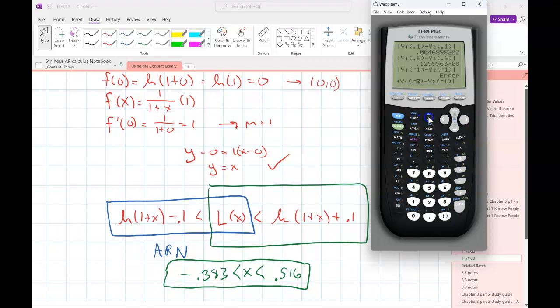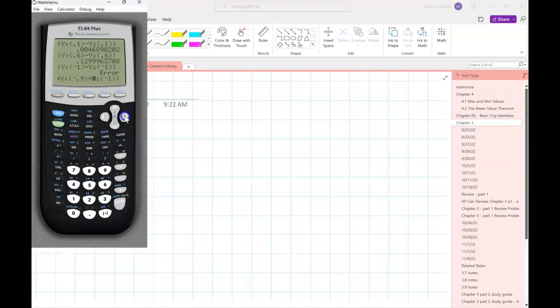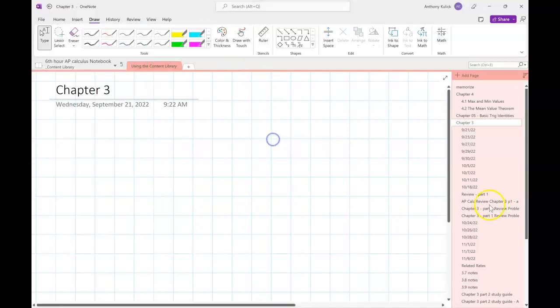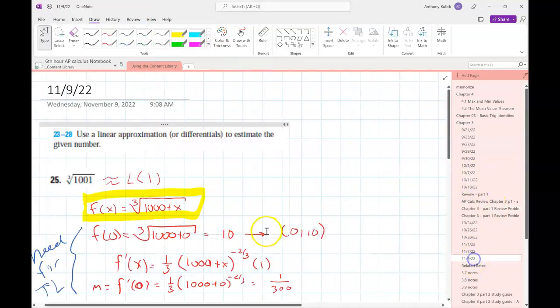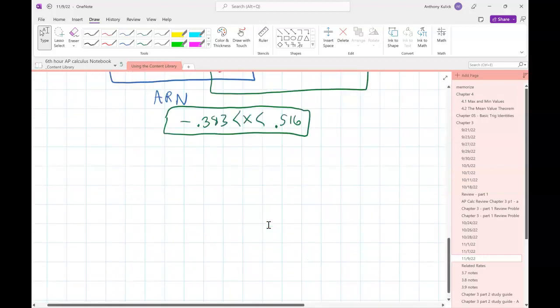All right, I'm going to do this the hard way. -0.9. And again, error too big, right? That's all we're really saying there. Where did my things go now? There, that's just the page I was on.